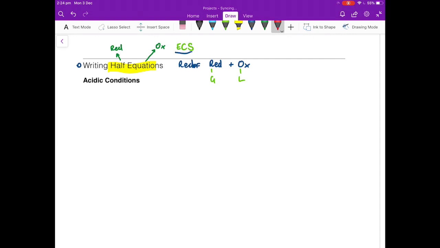Let's go with step number 1 and work our way through. So the first thing we need to do is balance the molecule, which means we need to balance everything except for oxygen and hydrogen. So what does this mean?